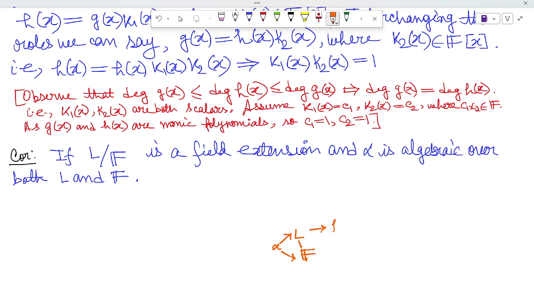Suppose alpha satisfies here f(x), the minimal degree polynomial, and here g(x).